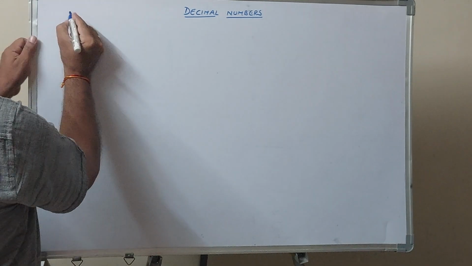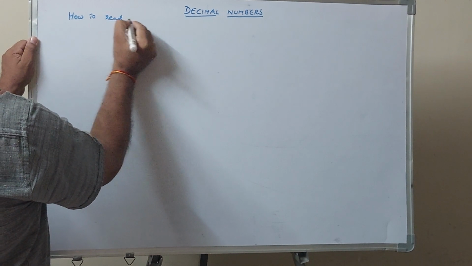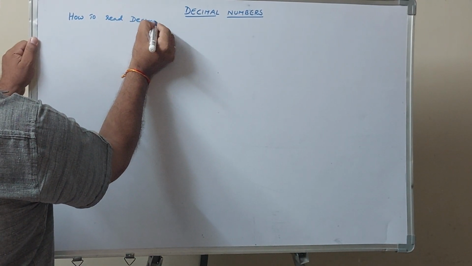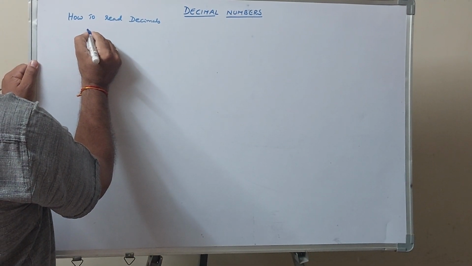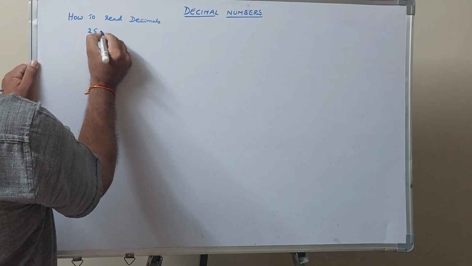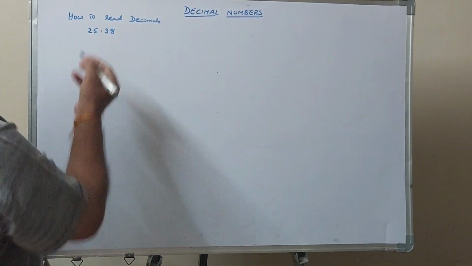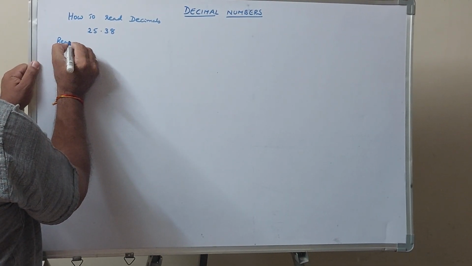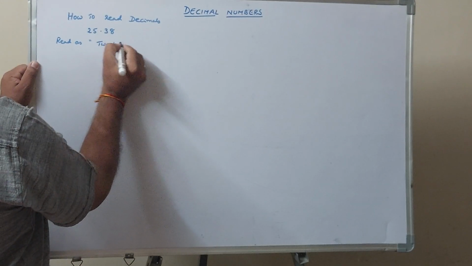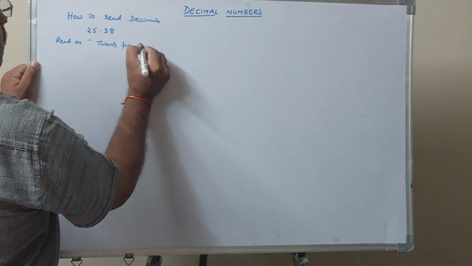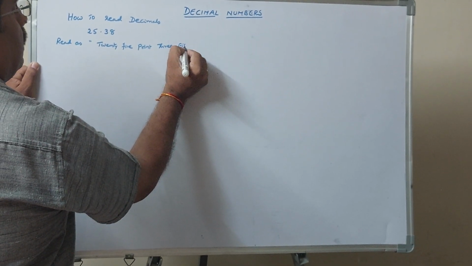How to read decimals? Example: 25.38. How to read this one? Read as 25.38.